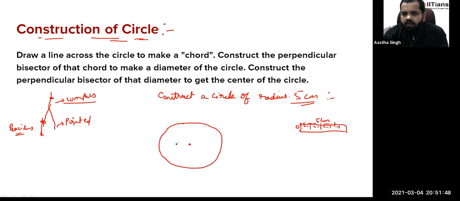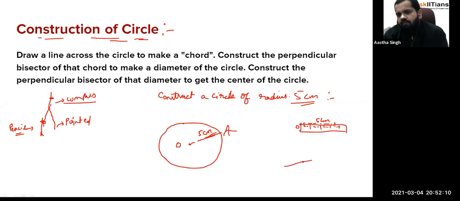Suppose you have your O point and your A point. Your OA will be what? 5 centimeter, right? Make the pointed one at O and your pencil at A and just revolve it. You will find that a circle will be drawn. How is a circle formed?